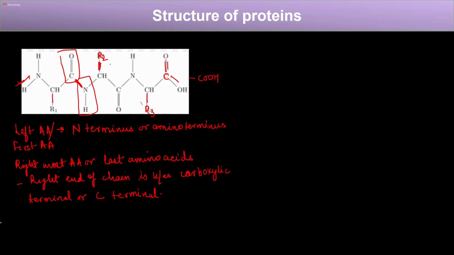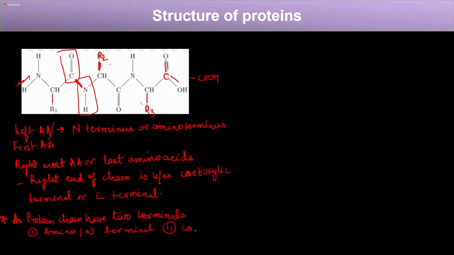So in simple terms, you can write that a protein chain has two terminals: the amino or N-terminal, and the carboxylic or C-terminal. And we know why these are known as amino terminal and carboxylic terminal.